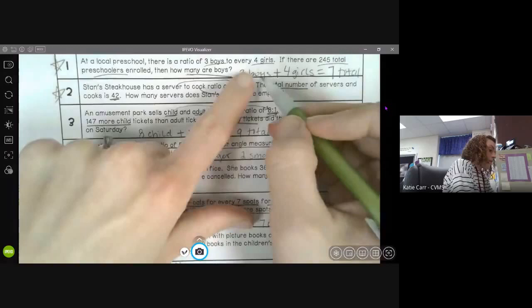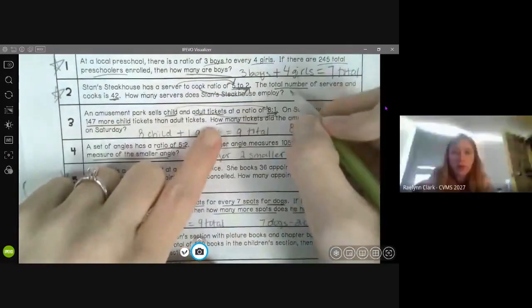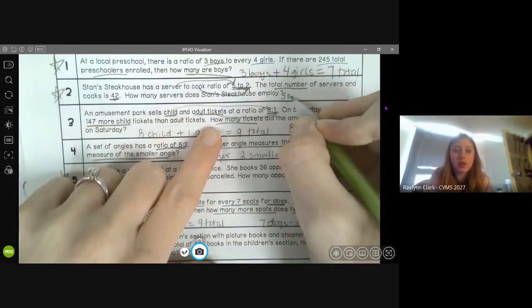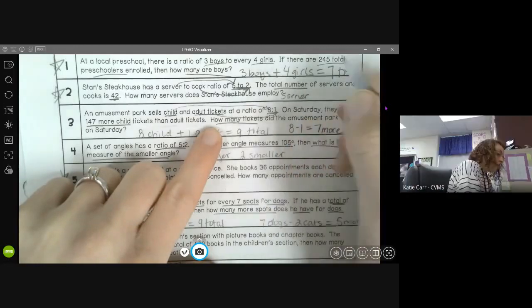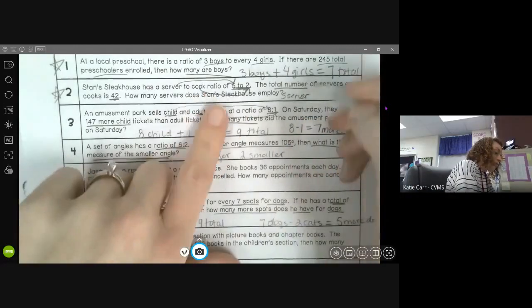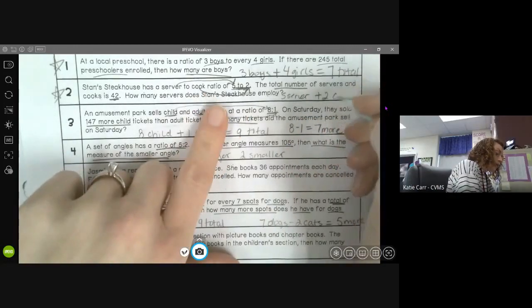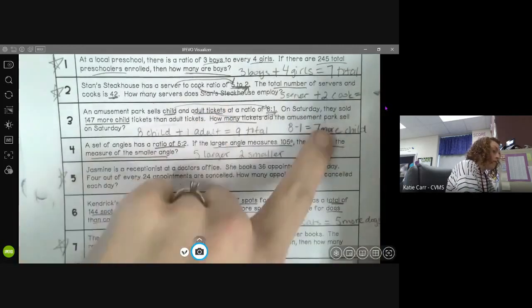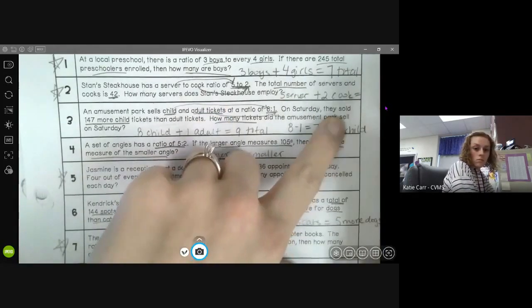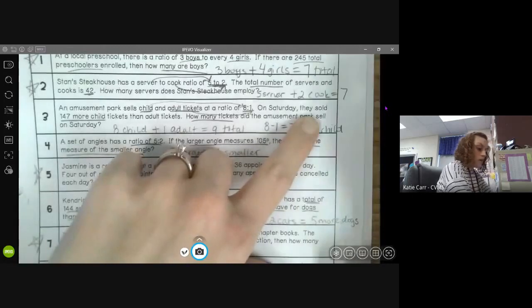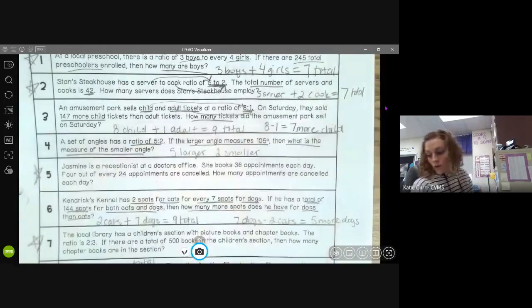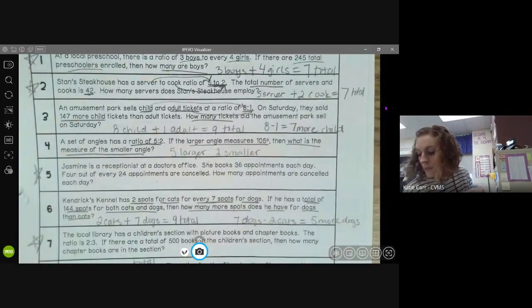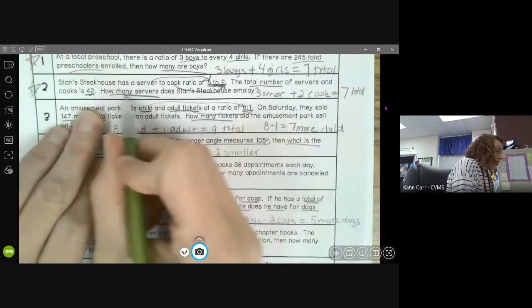Okay? So then I've got to figure out another total though, right? So what did we do up here? We added it. I'm going to add this 5 and 2, the 5 server plus the 2 cook. That'll give me 7. So 7 total. But how many servers?